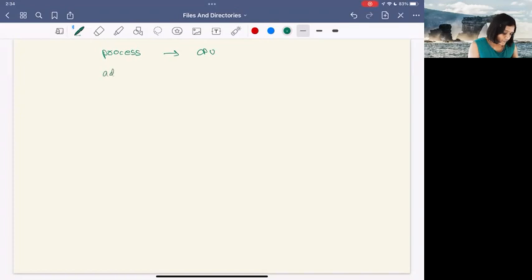We have address space as abstraction of memory, such as main memory, DRAM, RAM, in our computer systems. But what we are going to talk about in this lecture is files and directories.